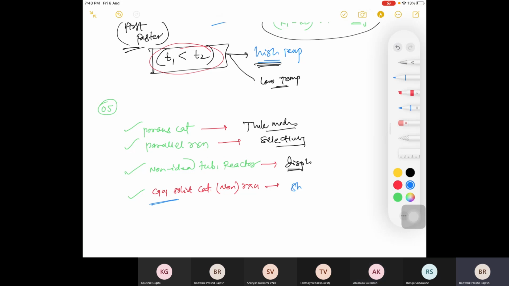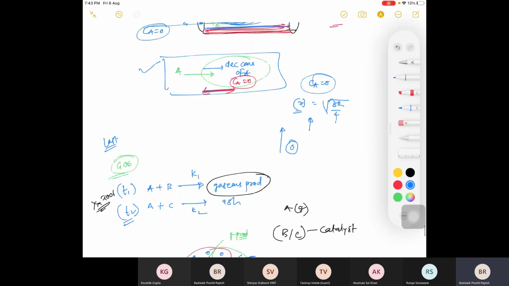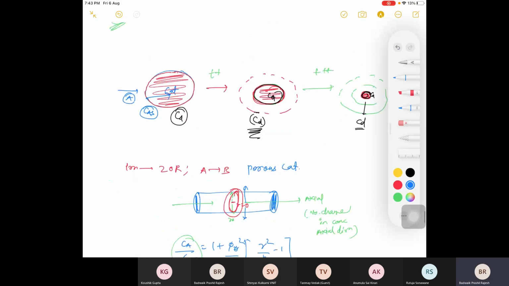So it is the shrinking core model because, see, I have not covered this topic, but I am telling the one which I told here. As I am doing the reaction, there will be a decrease in the active surface area. So what can I tell here? See, as the reaction is proceeding, your active surface becomes narrower. So can I tell it as shrinking core? My core is continuously shrinking.